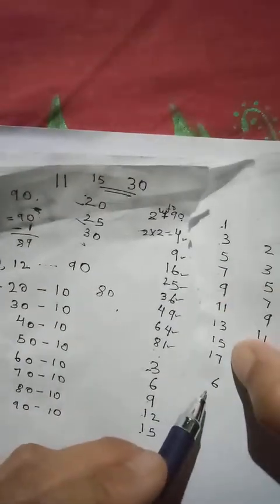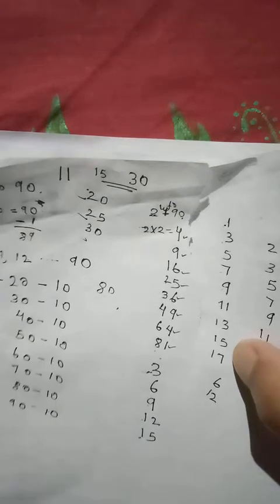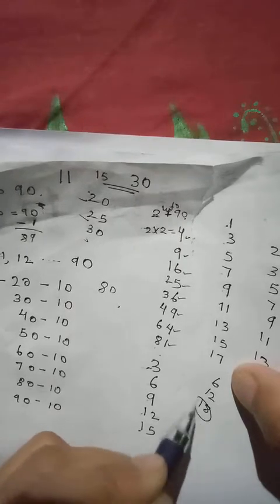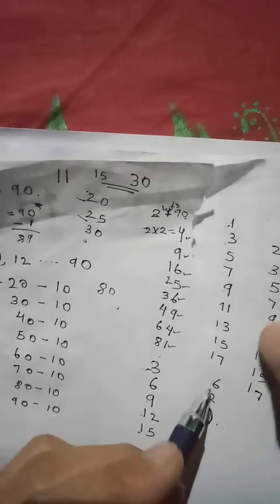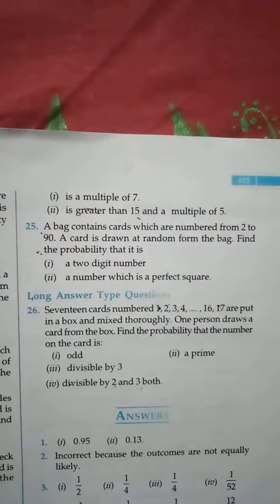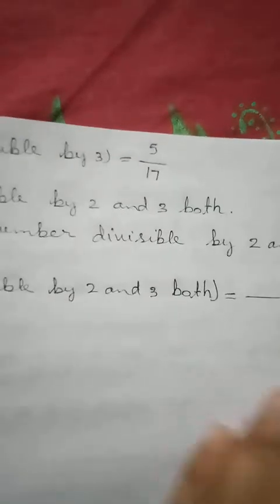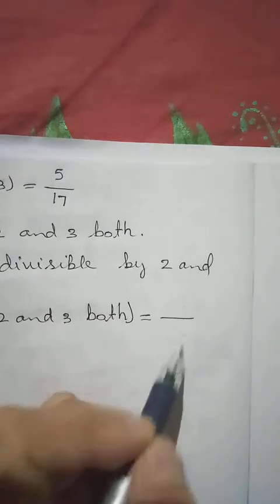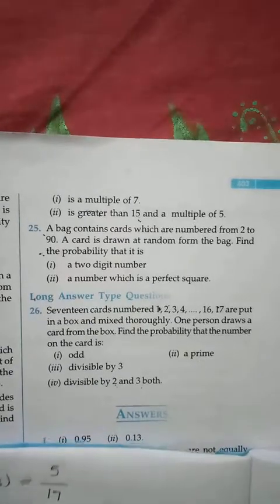Then 12, right? 6 times 1 is 6, 6 times 2 is 12, 6 times 3 is 18, but 18 is more than 17. So up to 17, they are only 6 and 12. That means there are only 2 such numbers. So the probability will be, the favorable is 2, the total is 17. So that's all.